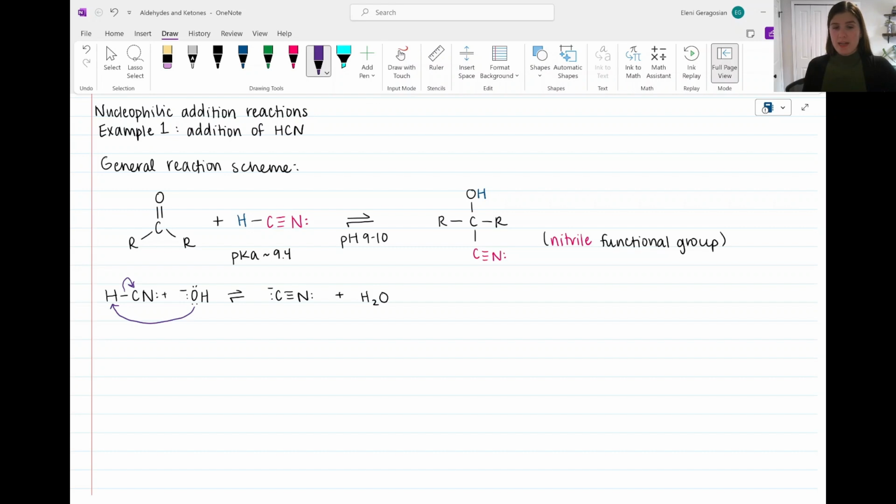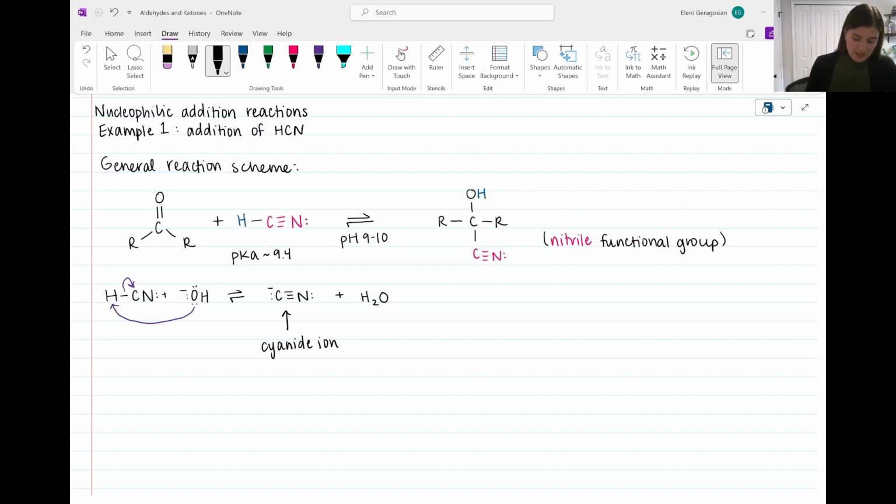So having the pH near the pKa of hydrogen cyanide allows there to be in solution both hydrogen cyanide and deprotonated hydrogen cyanide, so CN minus. Now this is the cyanide ion. In the cyanide ion, we have a negatively charged carbon with a lone pair of electrons.